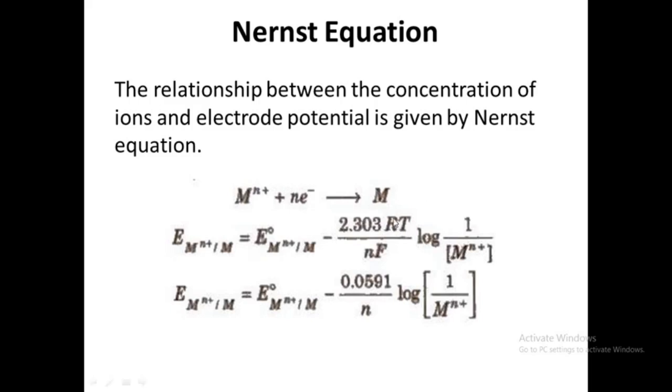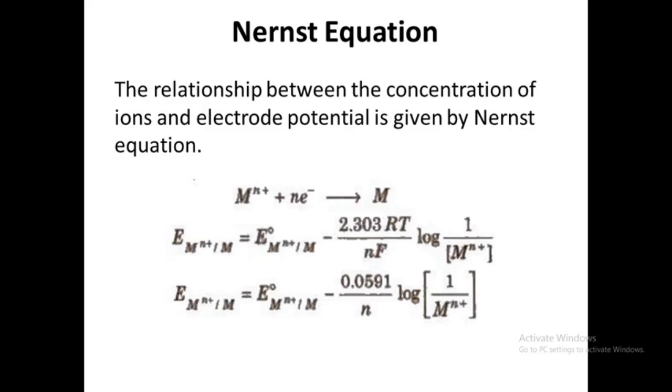In the equation, R is the gas constant and the value is 8.314 joule per Kelvin per mole. Temperature is represented by T, and n is the number of moles of electrons participating in the above reduction reaction. F is Faraday's constant and the value of F is 96500 coulomb per mole.